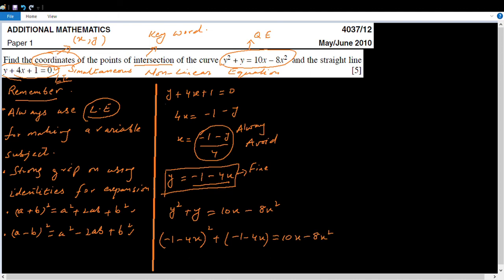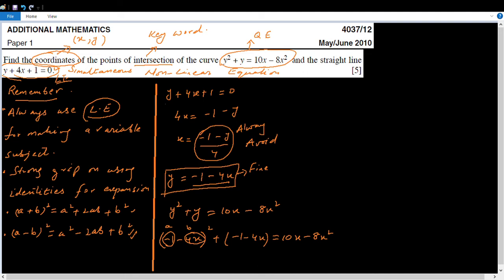Simplify very carefully. Now this minus 1 I am going to take as a, and this I am going to take as b, because I am going to use this identity. So I will use minus 1 as a and minus 4x as b.